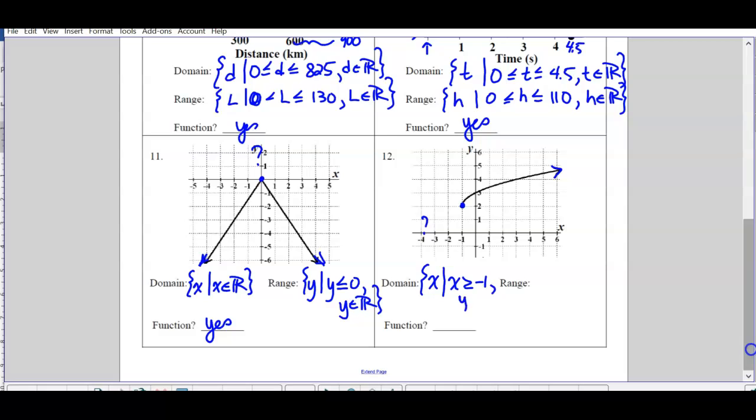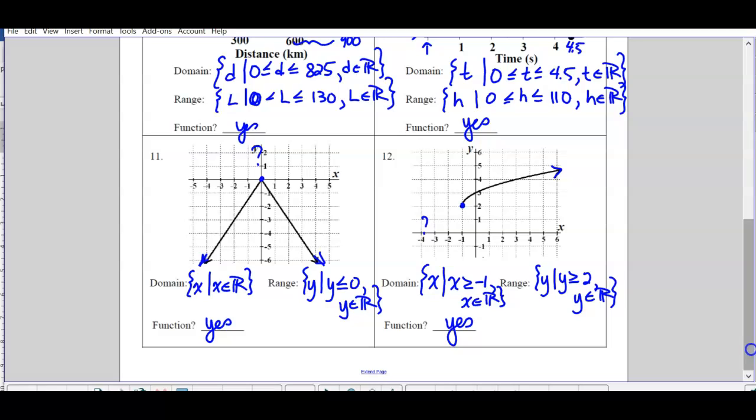I have to squish it in here. And then x is an element of the set of reals. Range is y values, and y has to be greater than or equal to 2, where y is an element of the set of reals. 2 is the smallest value, and the arrow is going up. And that's a function.